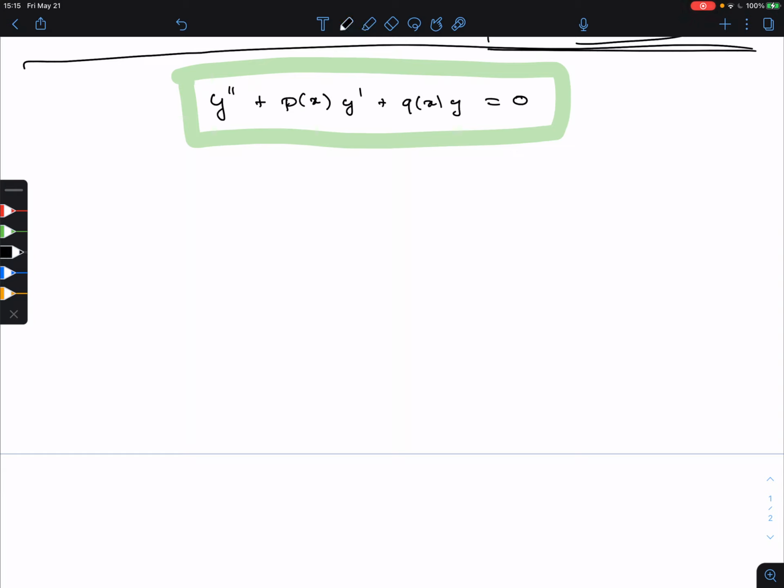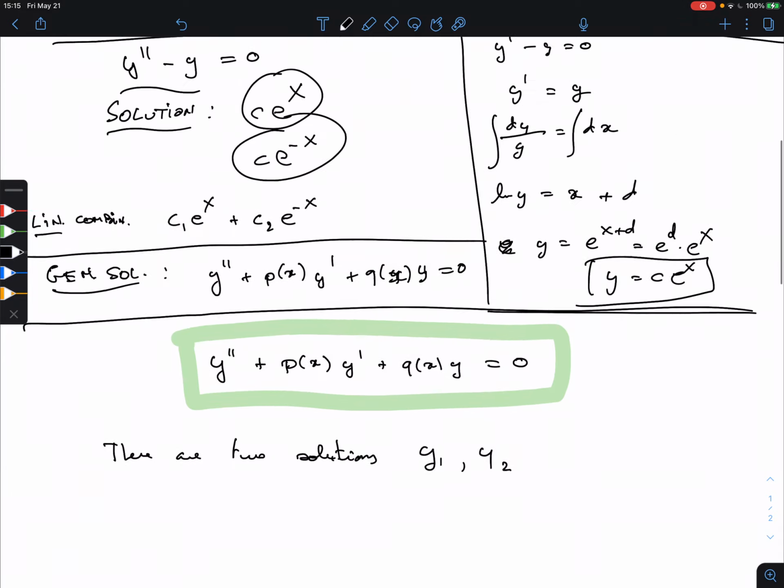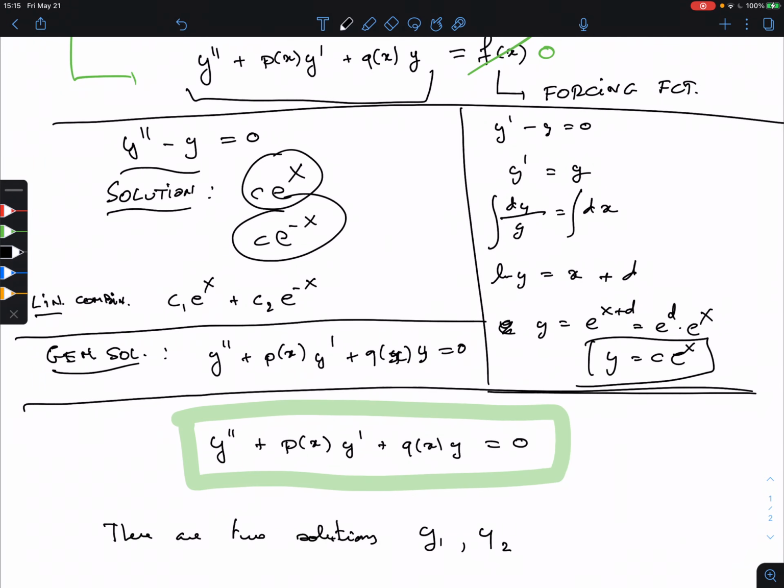So what does the theory say now? It says there are two solutions, y1 and y2. What am I talking about in this particular case here? This was my y1, and this is going to be my y2.